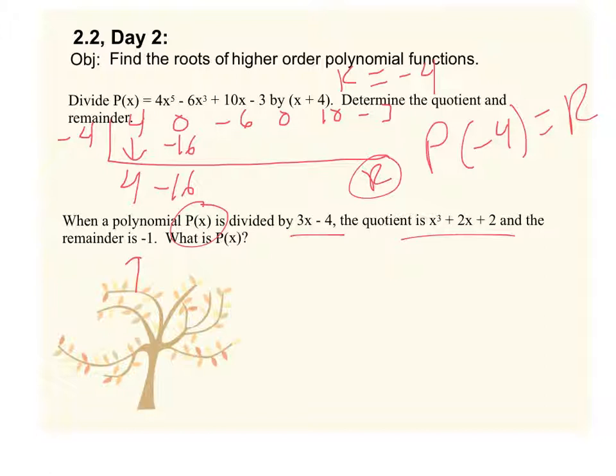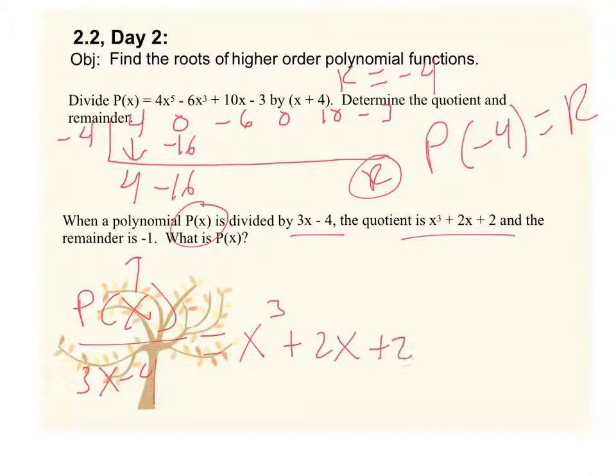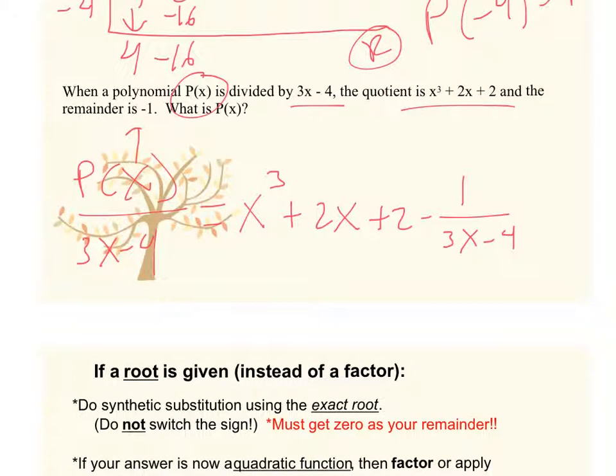To set this up, it would mean that p of x divided by 3x minus 4 equals our quotient of x to the third plus 2x plus 2 minus a remainder of 1 over 3x minus 4. That's what we'd have.